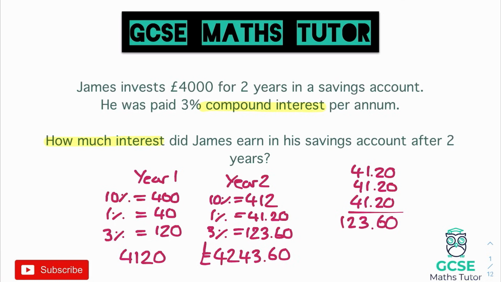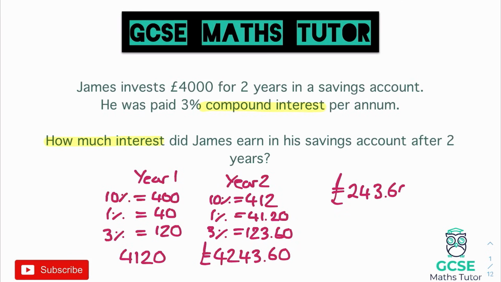Now this question here does say how much interest did James get at the end of the 2 years. So we're actually only looking at the extra amount that he has over and above the 4,000. And we can see that we've now got 4,000 and the extra £243.60. So in terms of the interest that he got, the extra £243 and 60p.